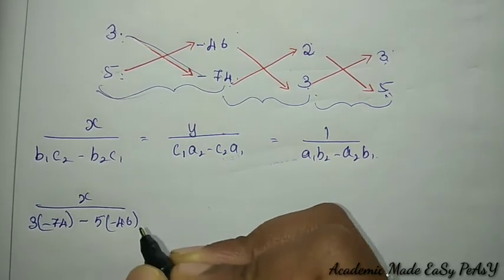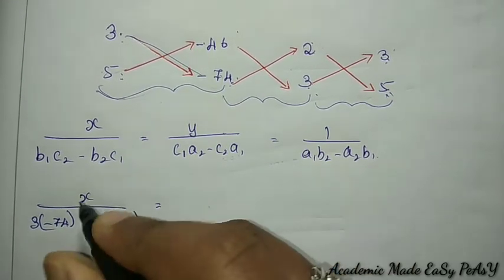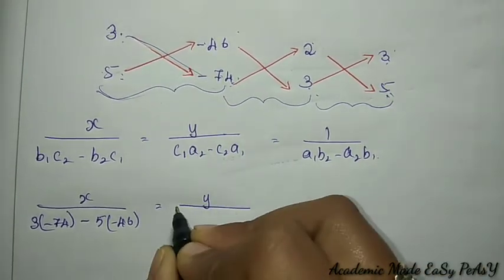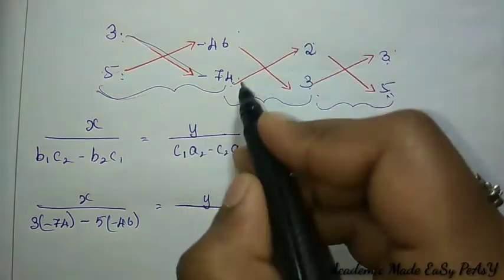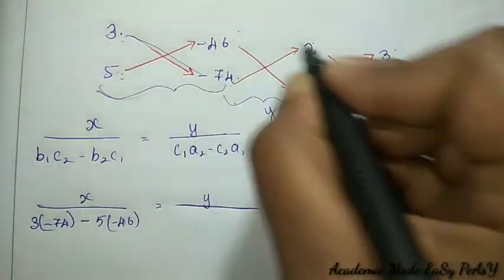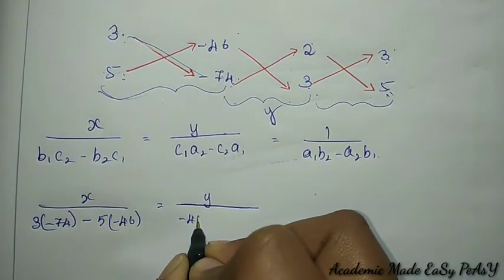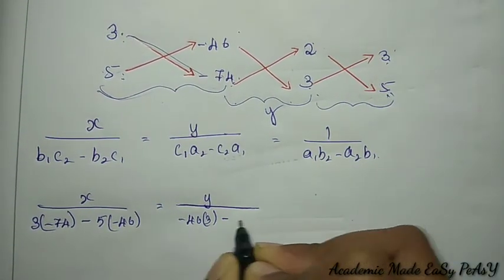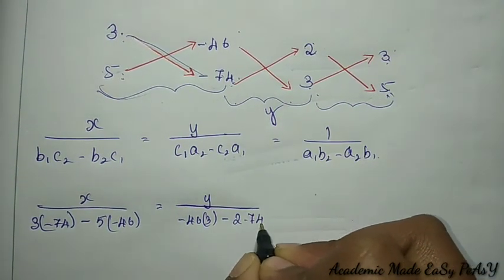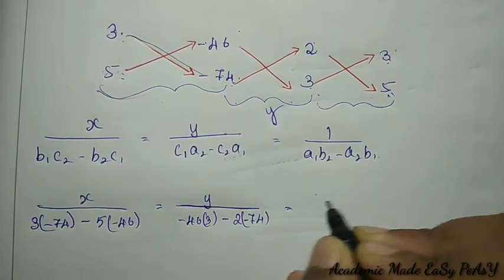This is for x alone, so the denominator of x is this one, and y you write as it is. Next, this part is for y: minus 46 into 3 minus 74 into 2. So 2 into minus 74, till here.